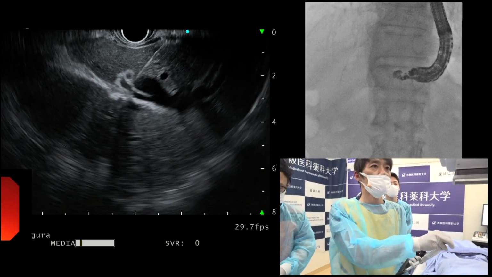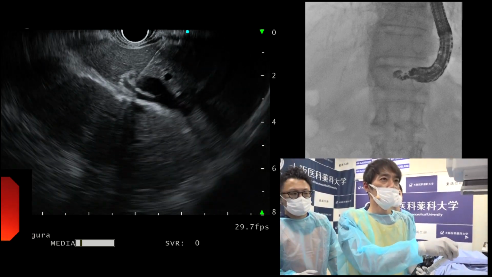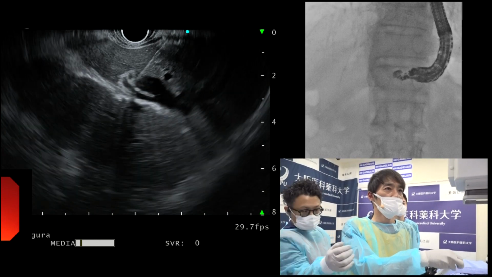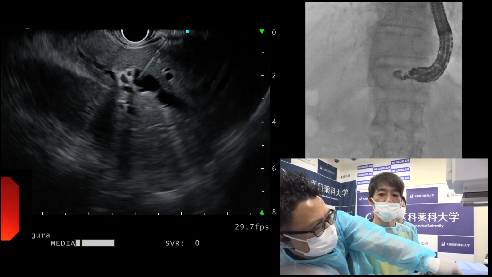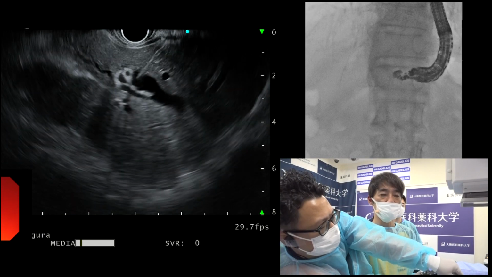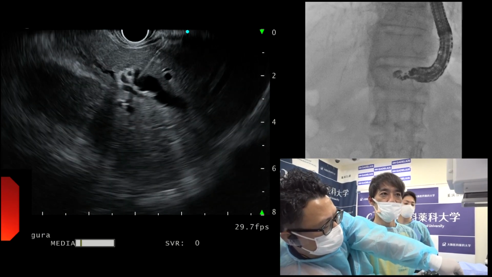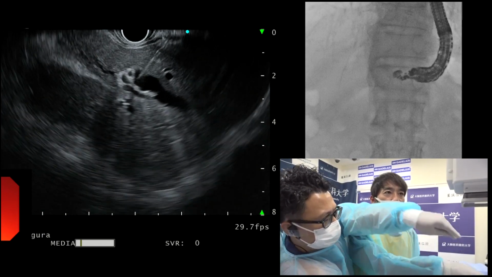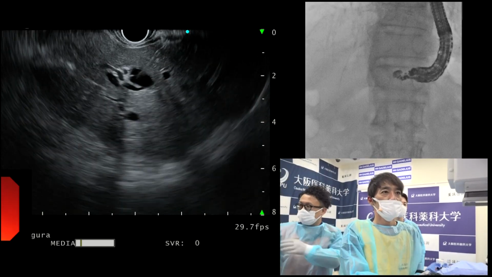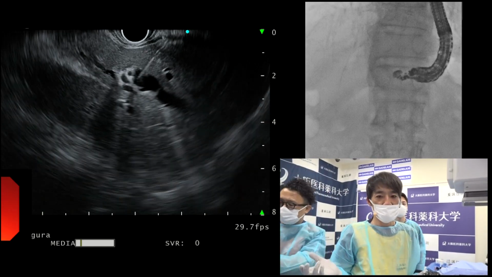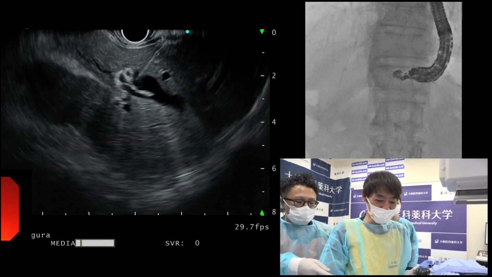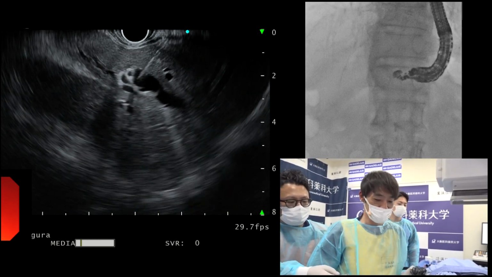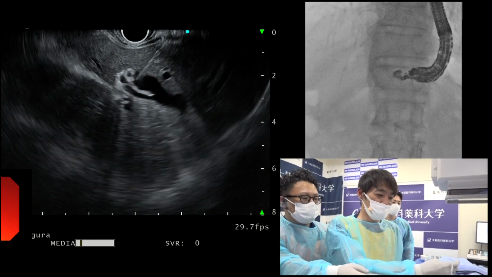Okay, so remove the stylet. Ogura-sensei, which guide wire are you going to use? The J-wire is only available in Japan. Is it angle tip?